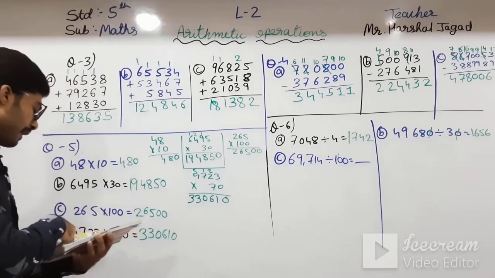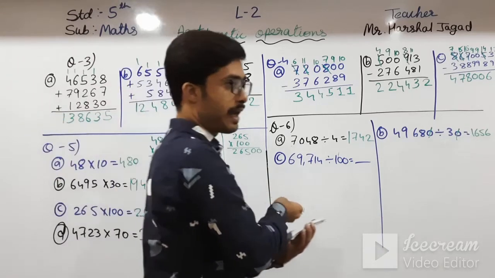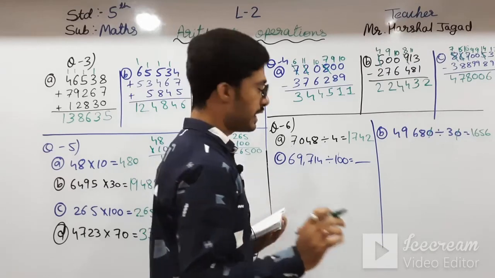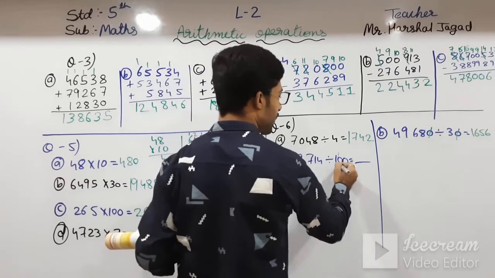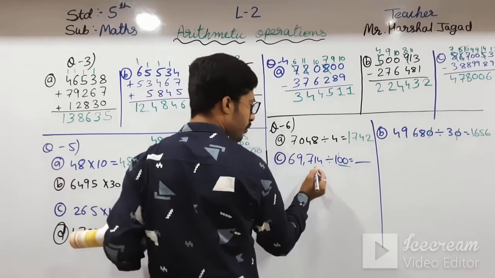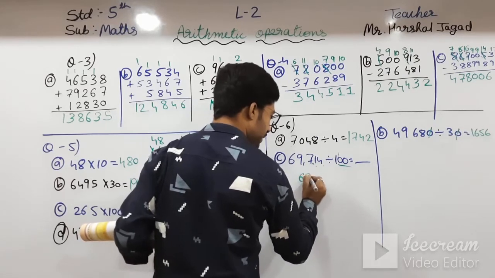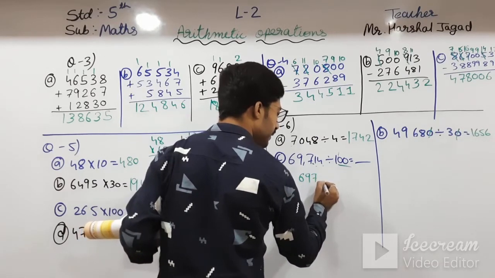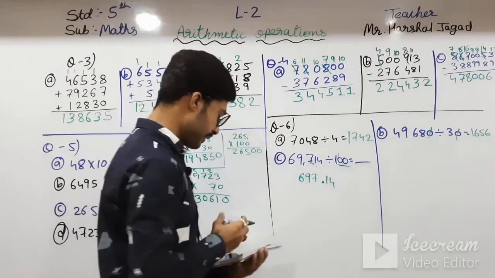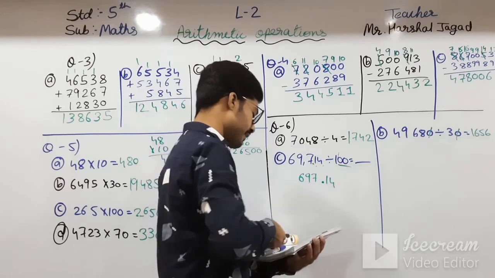So in this kind of sum, what you have to do is, if there is 10, 100, 1000, 10,000, then if there are, for example, 2 zeros, then before two numbers you just have to make the point. So our answer is 697.14.